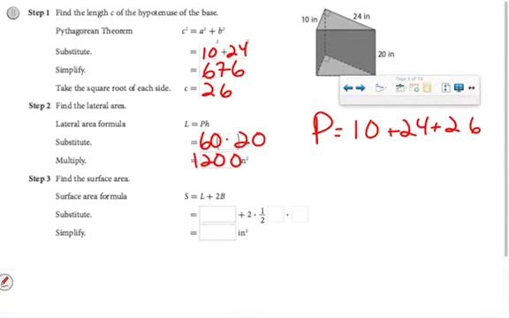I'm going to add that to 2 times the area of the base in order to find the surface area. Since the base is a triangle, and the area of a triangle is 1/2 base times height, that's why you see this 1/2 here. The base and height of that triangle are 10 and 24. So that's 240 plus my 1200, which is 1440.